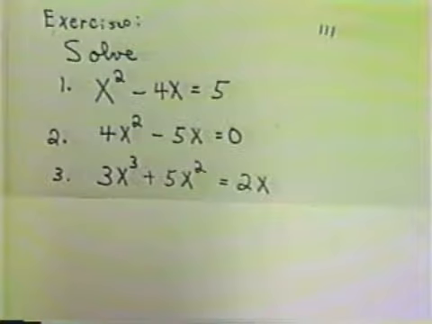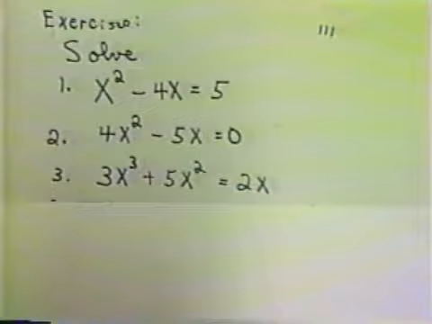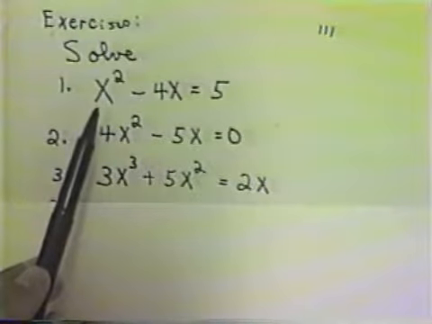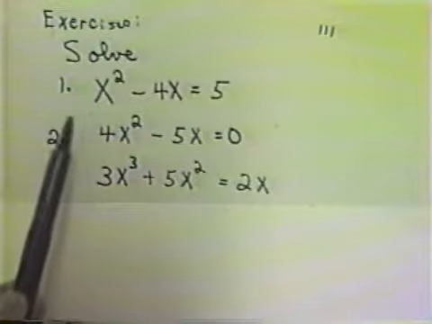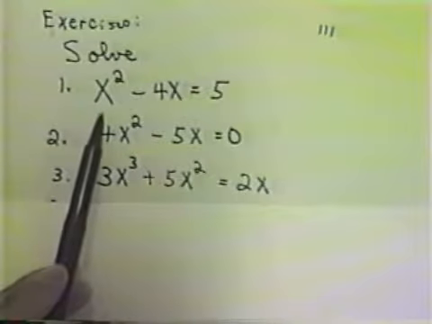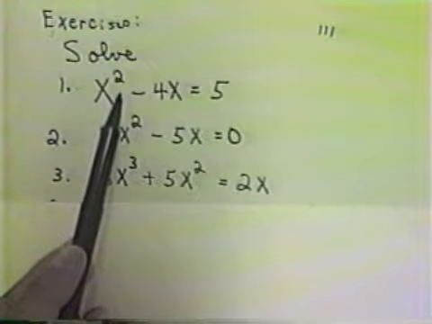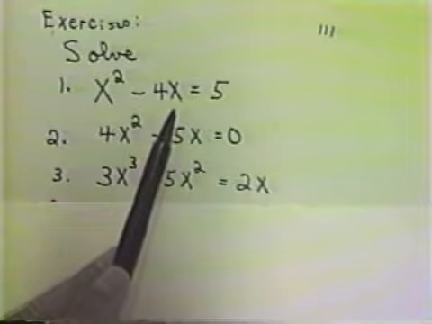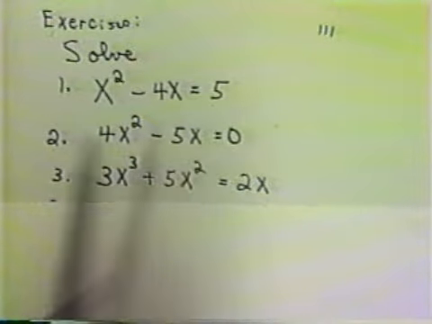Now it's time for you to do some exercises. As I read these exercises, be sure to copy them down on your paper. I'm going to read them slowly, so make sure you keep up with me and copy them as I read them. The first one, x squared minus 4x equals 5.